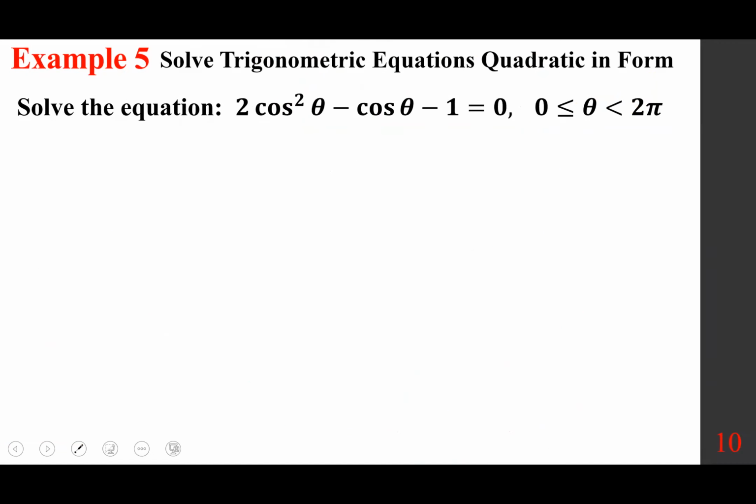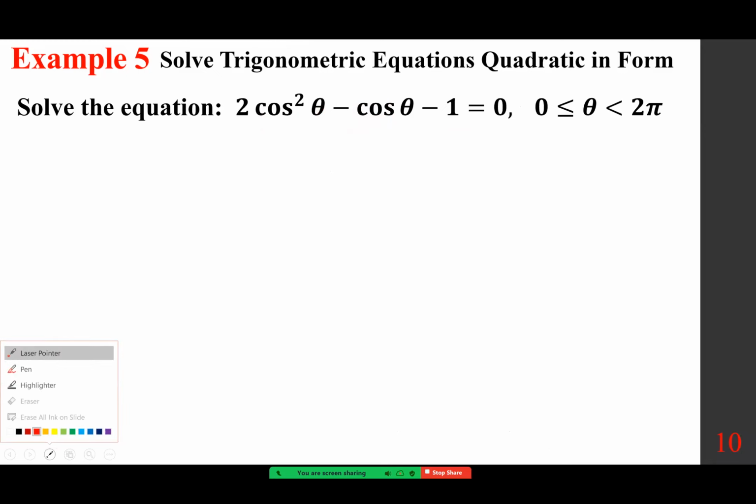Solve the trigonometric equations, quadratic in form. So 2 cosine squared theta minus cosine theta minus 1. If you have a difficulty factoring the way it is, you can let cosine be, for example, x, in which case you have 2x squared minus x minus 1 equal to 0.